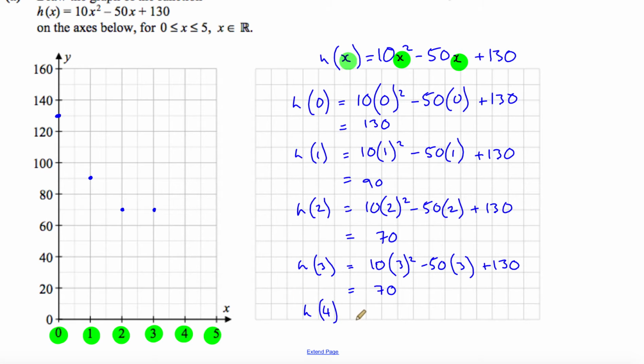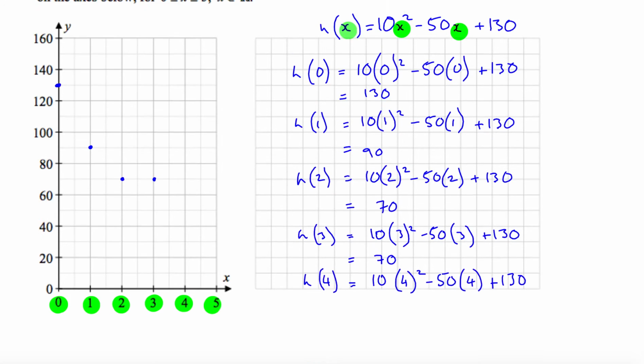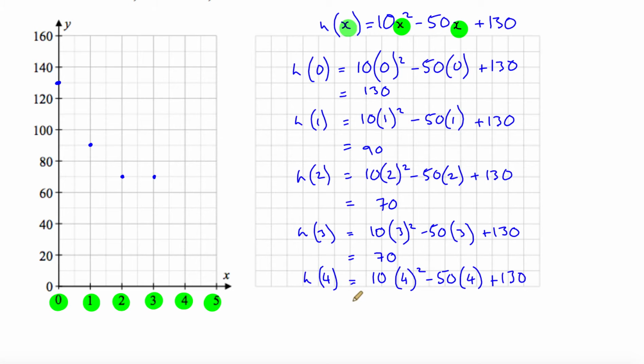And h of 4 is 10 by 4 squared minus 50 by 4 plus 130. By the way, you can do all of this on the table function on your calculator if you prefer. That's certainly allowed and would be a little bit quicker than this, but this is a good exercise for revision anyway. So 10 by 4 squared is 16, 10 16s is 160, minus 200, that's minus 40, plus 130 is 90.